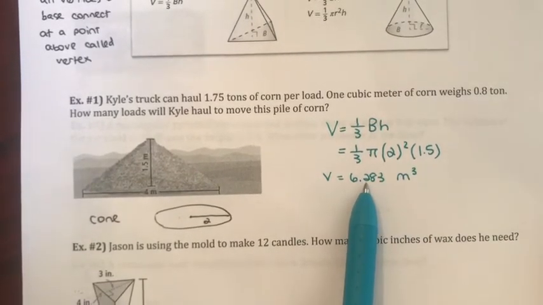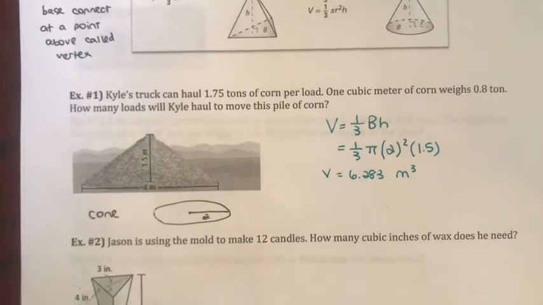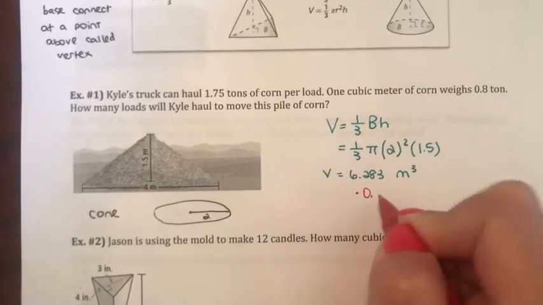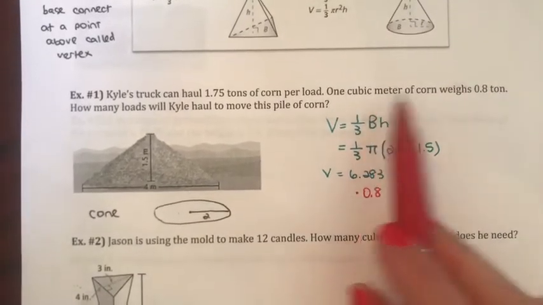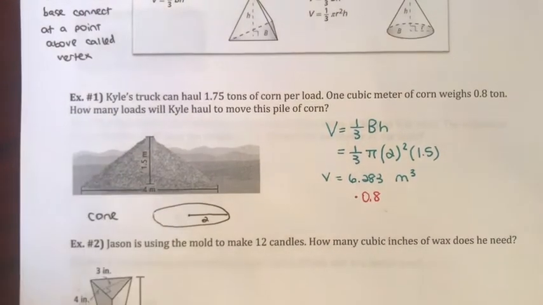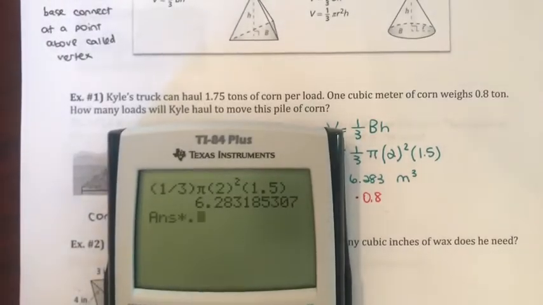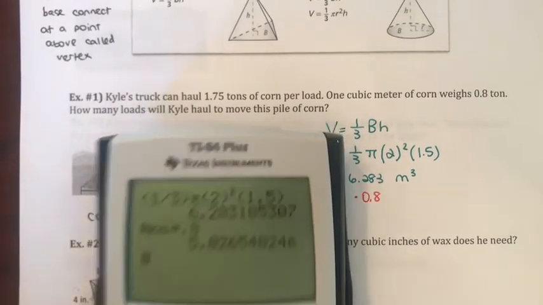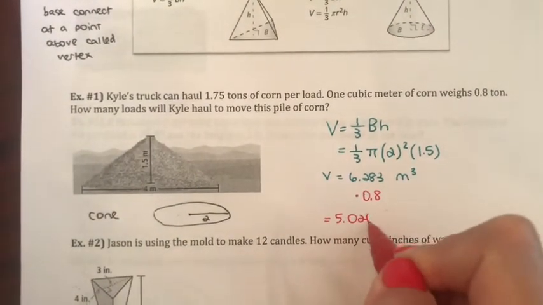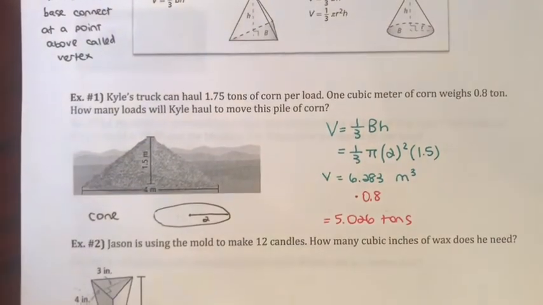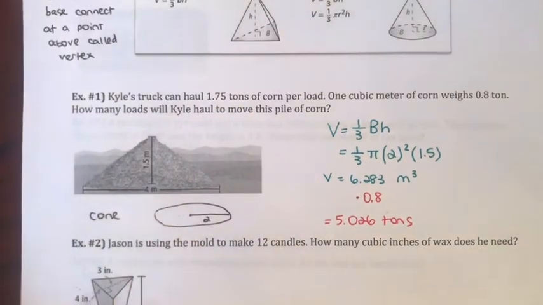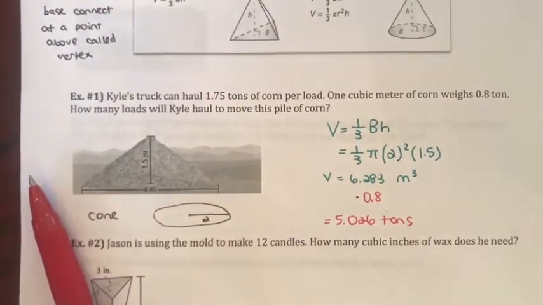So we have this many cubic meters, and I need to multiply by the weight, which is 0.8, because for each cubic meter, we've got 0.8 of a ton. So I've got 5.026 tons.